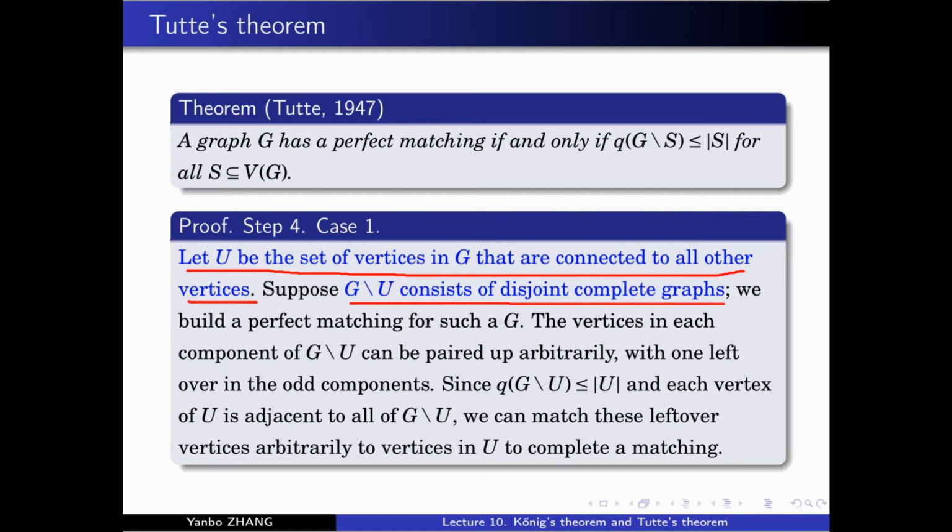Since q(G - U) is less than or equal to the size of U and each vertex of U is adjacent to all of G - U, we can match these leftover vertices arbitrarily to vertices in U to complete a matching.